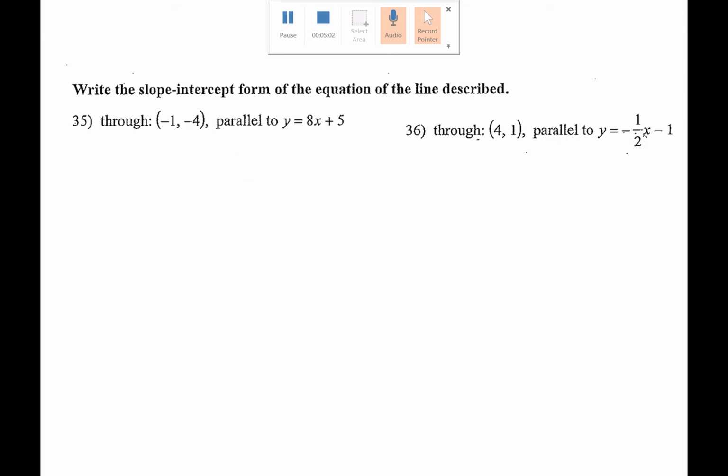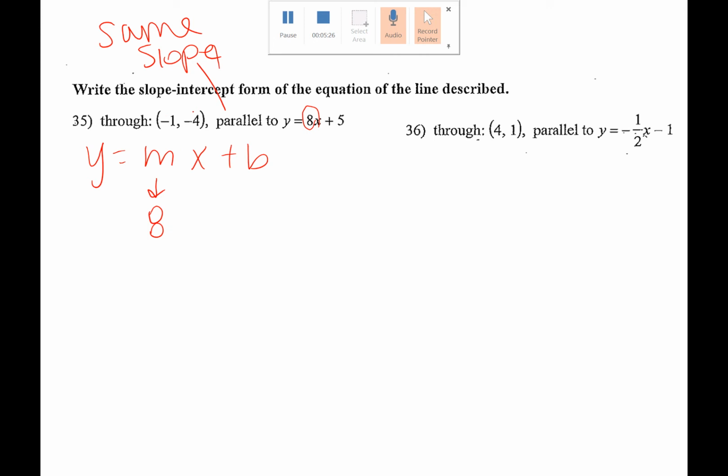35, the slope-intercept form to the equation of the line described. Both of these are parallel, and just remember parallel, they have the same slope. So since they have the same slope, you want to just make sure that this stays the same. So what I would do is just take y is equal to mx plus b and say, okay, I know my slope needs to still be 8, and then plug in my x and y.